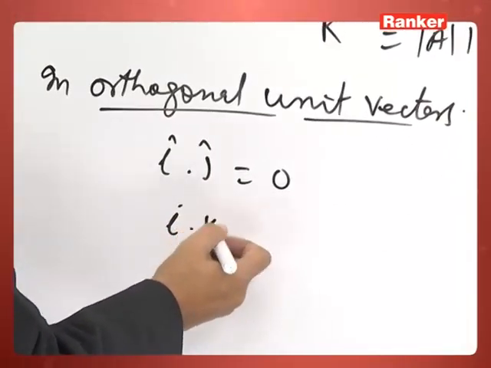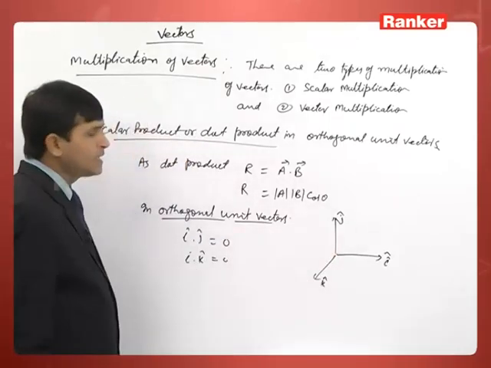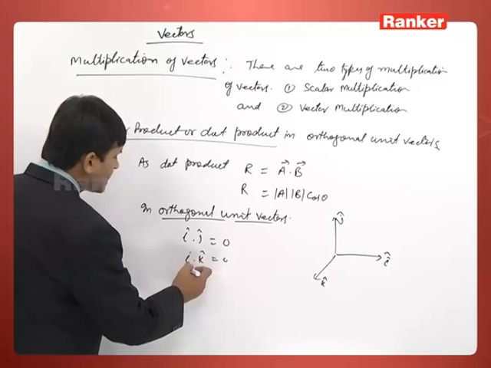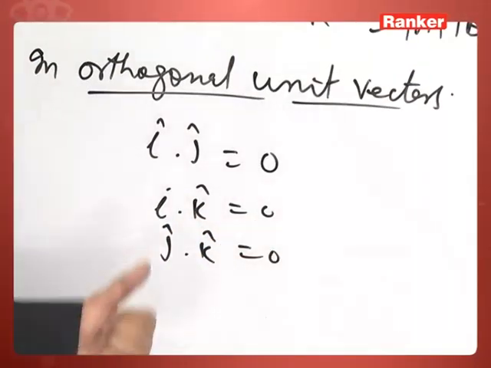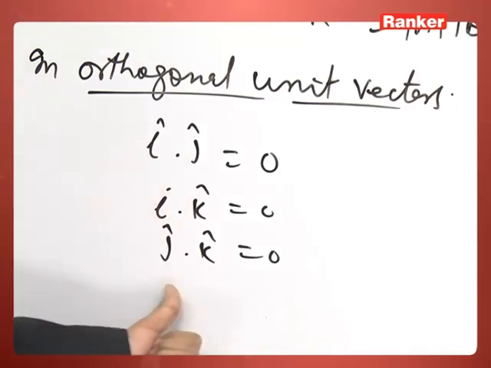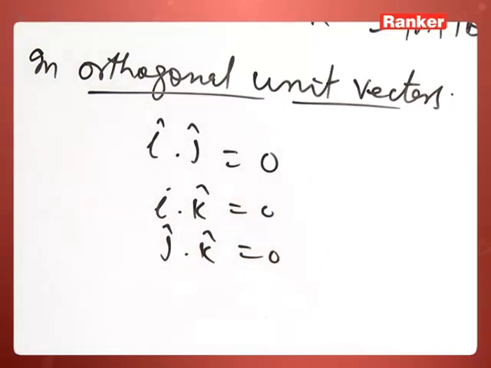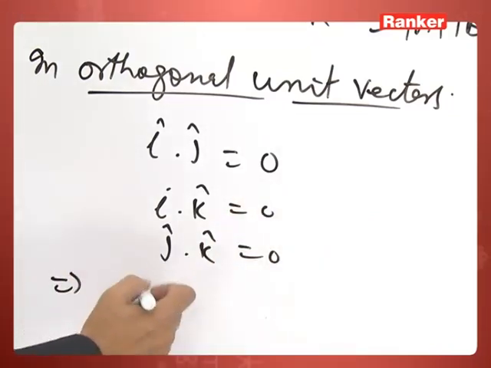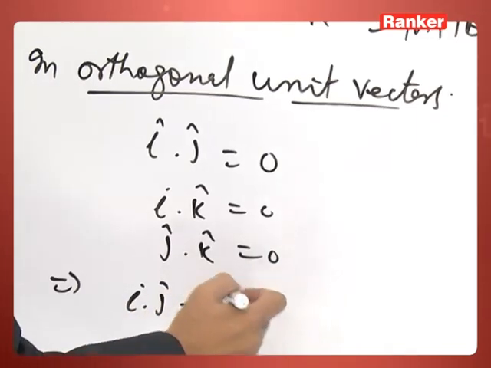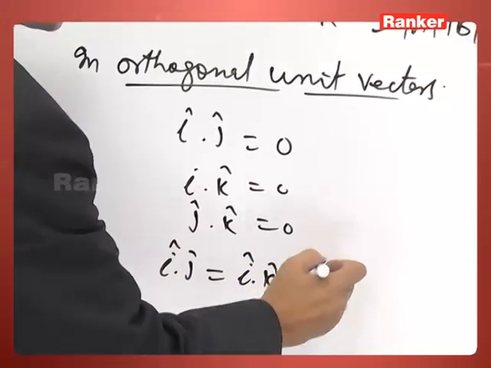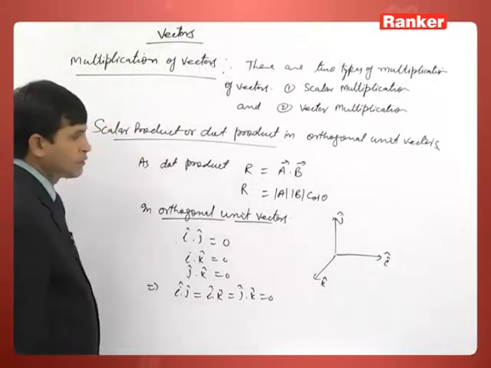Similarly, i dot k is also 0, and j dot k too. Any two different unit vectors have dot product 0. So i dot j equals i dot k equals j dot k, all are 0.